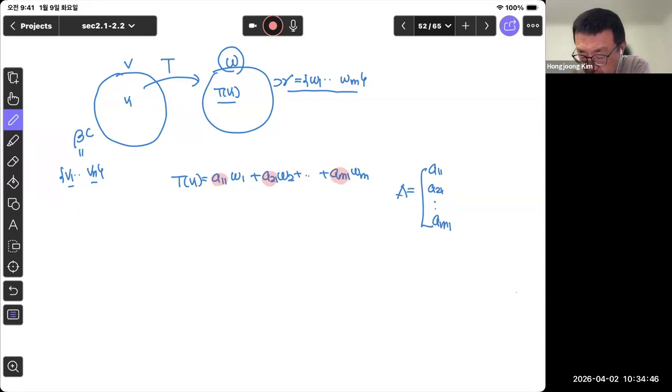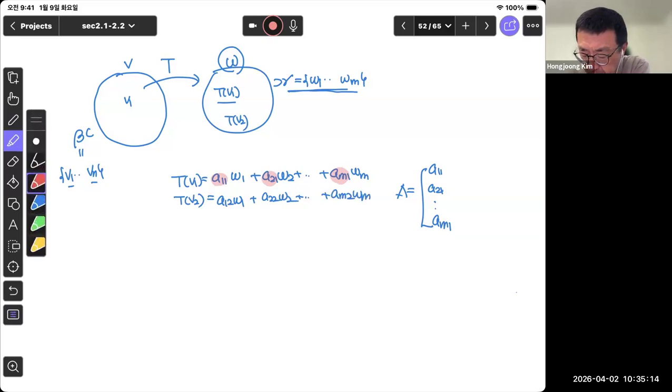And then you consider the image of V2. That will be another vector in W space. So that can be written as a linear combination of the basis gamma: A12 W1, A22 W2, up to AM2 WM.